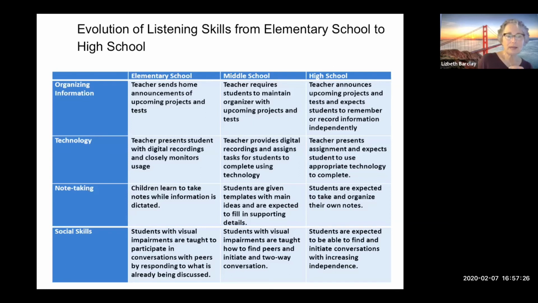When we talk about organizing information in elementary school, the teacher sends home announcements of upcoming projects and tests. And now this is done in a variety of ways, most often digitally. Elementary school teachers are communicating with family members in addition to things that come through in hard copy.